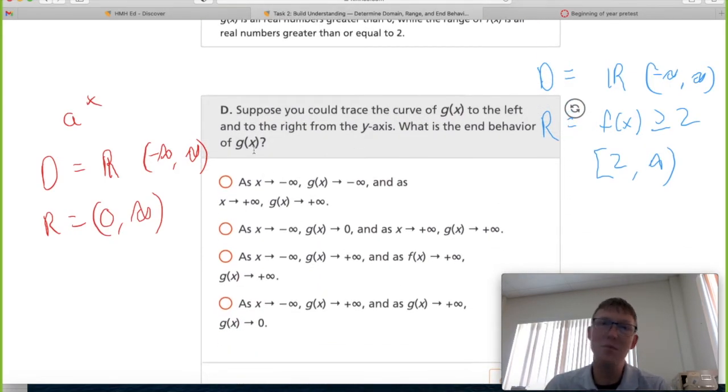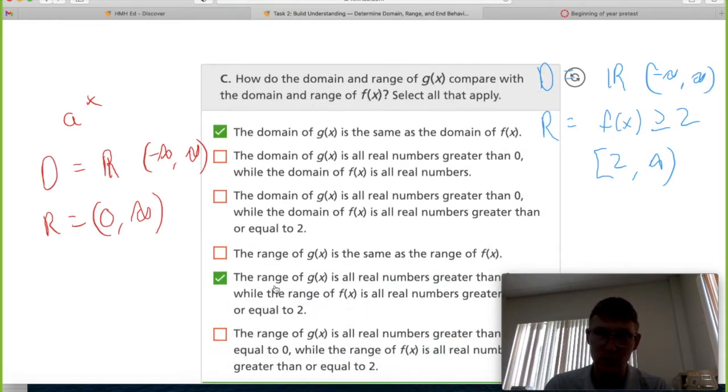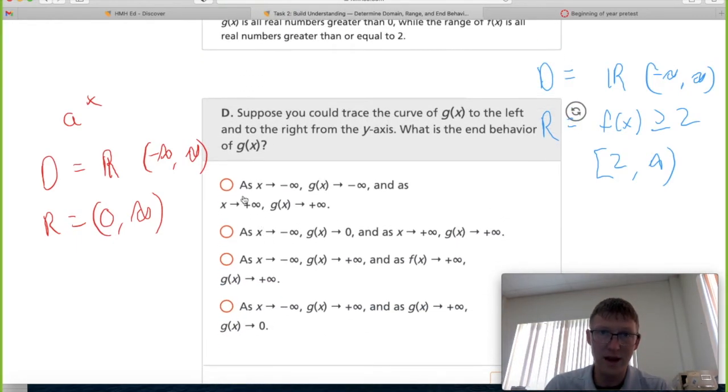So then what is the end behavior of g of x? So again, if we look at g of x, this approaches 0 as it goes negative, and then it approaches positive infinity as it goes positive. So as x approaches negative infinity, g of x does not approach negative infinity, so we don't have to worry about that.